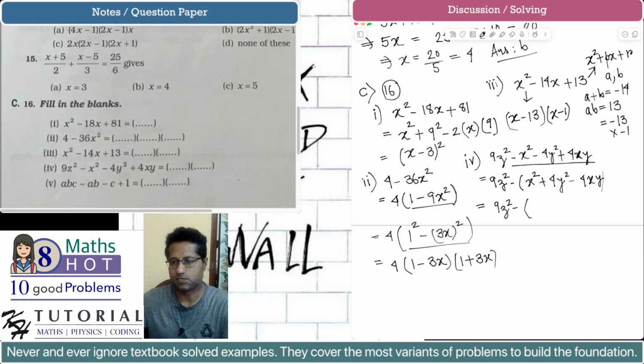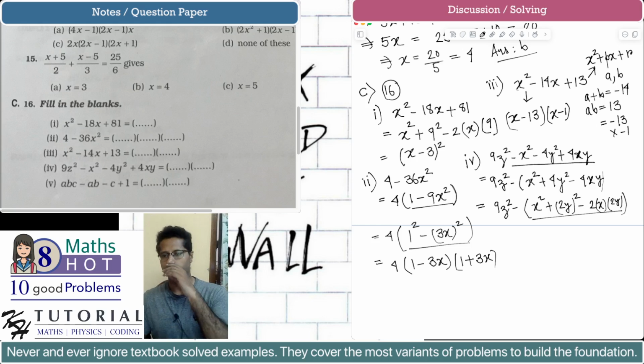Now, x square is fine. 4y square can be written as square of 2y, that is 2y square, and we see 2x multiplied by 2y. So, this whole part is of the form a square plus b square minus twice ab.